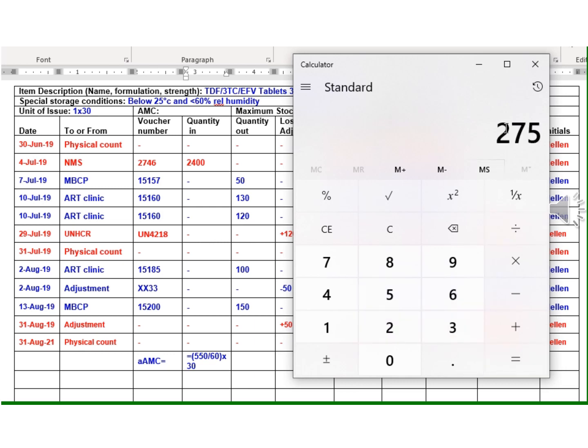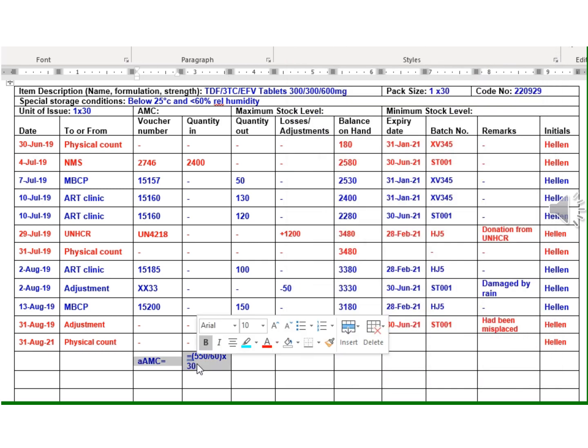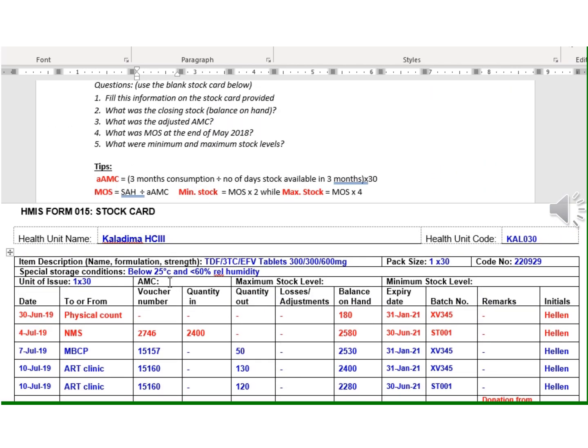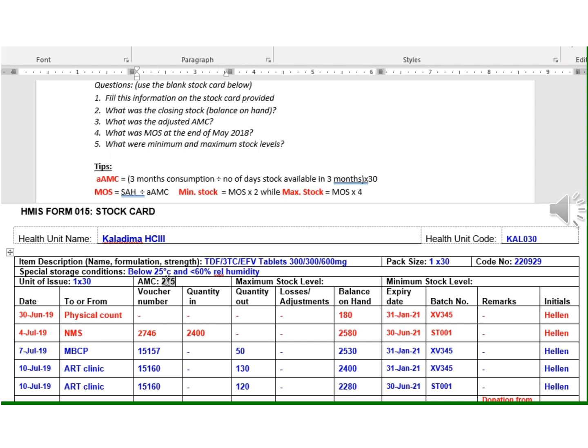my average consumption is 275. So I'll go into my stock card using a pencil and put 275 as my average monthly consumption.